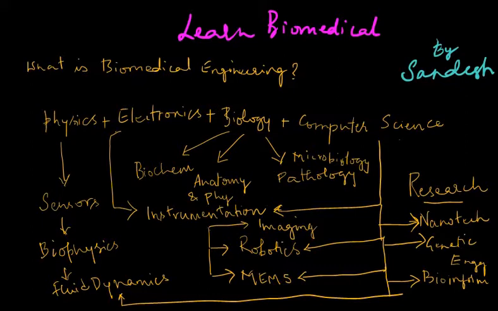You need to understand the basics of electronics, like how basic electrical or electronic components work, and how these components are designed to make a module or a prototype of an instrument, and then all these instruments are clubbed together to apply to particular problems faced by a human. So electronics is very essential.